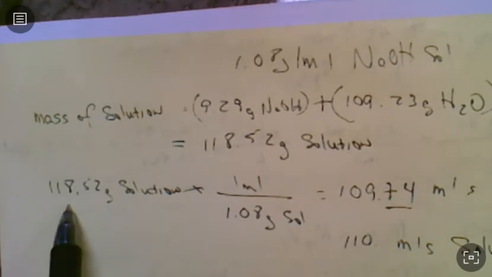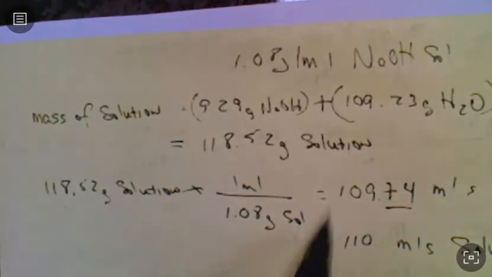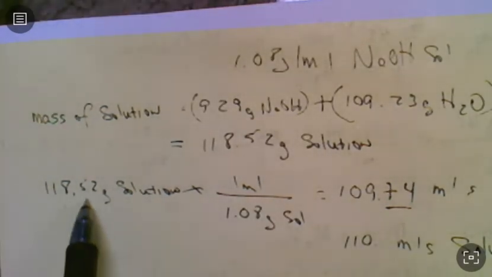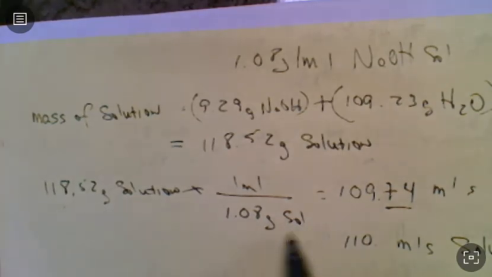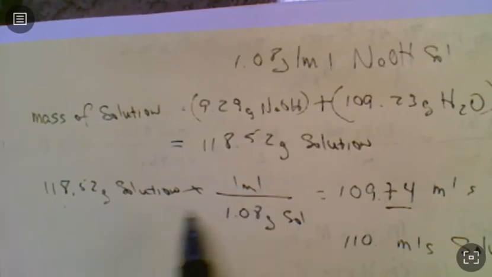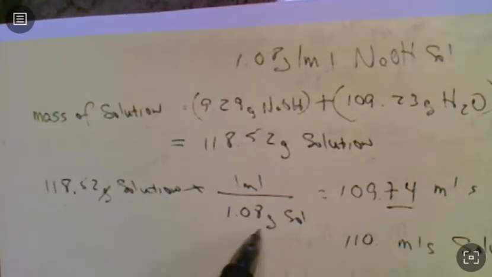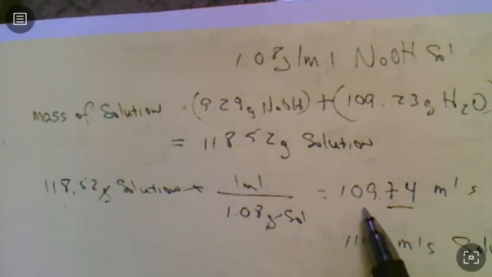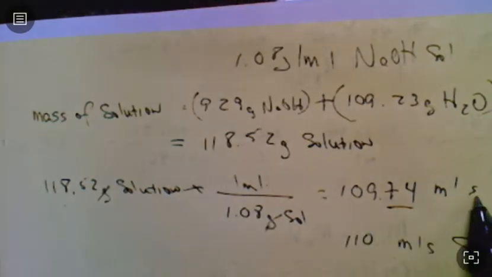So if I take the mass of the solution and I use its density, I can calculate the volume. Here I have 118.52 grams of solution, and I know that there are 1.08 grams of solution for every mil. This allows me to convert between grams of solution to mils of solution. Now what I end up with is a volume of 109.74 mils.